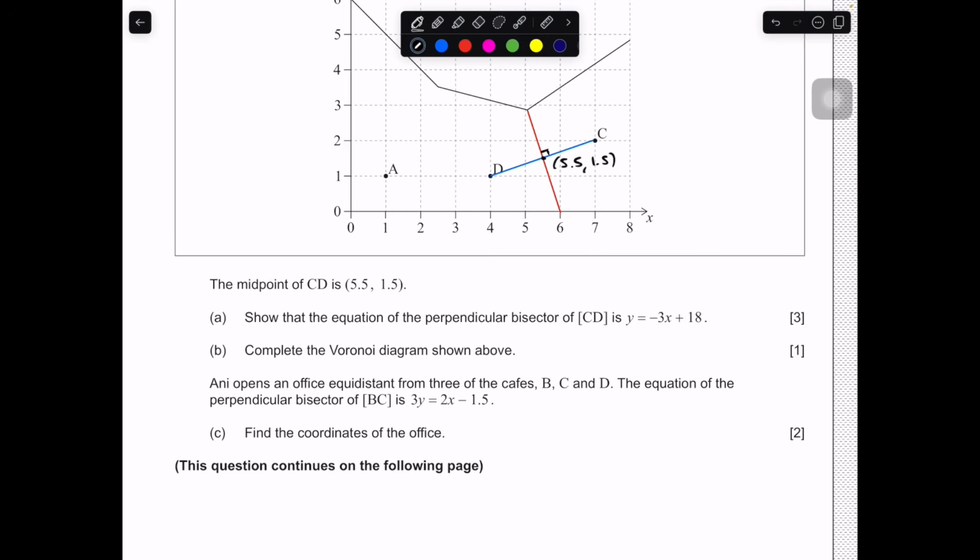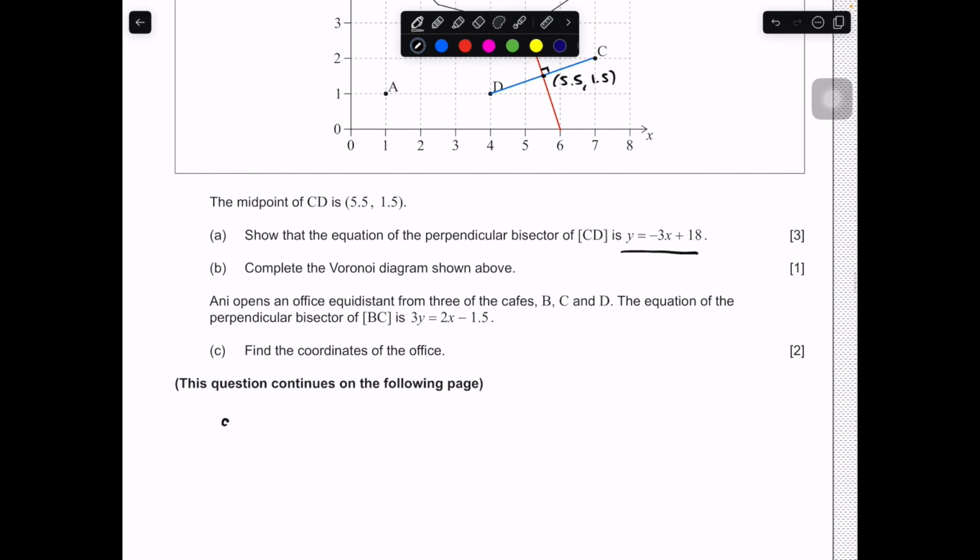So the equation of the perpendicular bisector of CD is y is equal to negative 3x plus 18. So let's work this out here. The equation of a line is given by y is equal to mx plus b. Let's find the slope and the y-intercept.